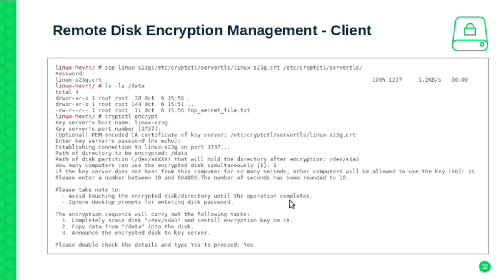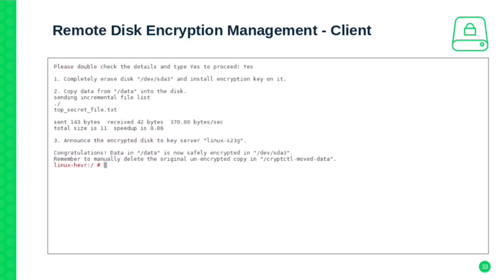And that's it. So it now asks me a couple of things. It tells me what it's doing first. The first step is erasing the partition and installing the encryption key on it, the random key. It copies the data from /data to the disk, because if the directory already exists, the data is just copied. And then it announces the encrypted disk to the key server. You have to enter yes, and this is then what happens.